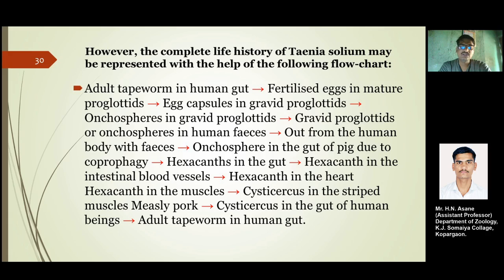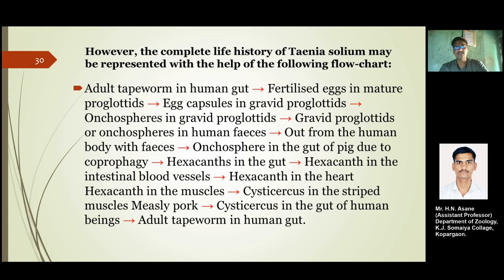And then the next stage in the intestine of the pig will be the hexacanth in the gut of this particular host. Then this hexacanth goes into the intestinal blood vessels and migrates in the, sorry, in the pigs.